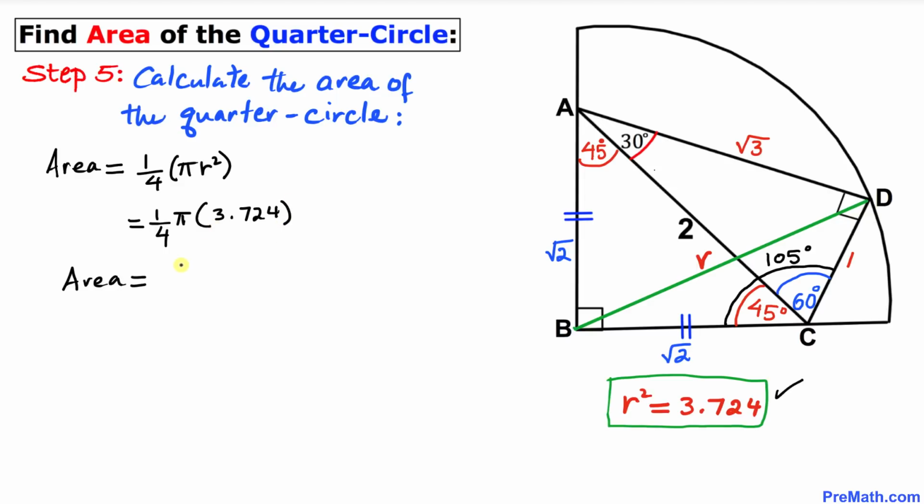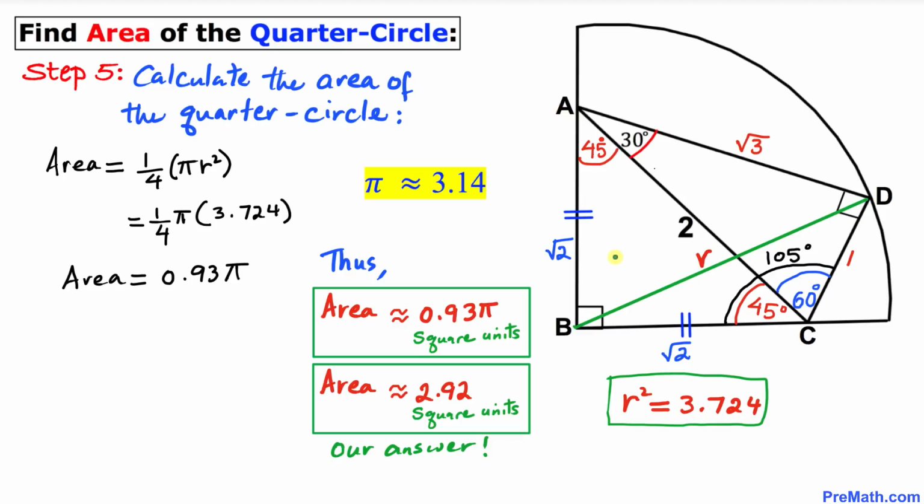If we divide and simplify, our area is going to be equal to 0.93 pi. So the area of this quarter circle turns out to be approximately 0.93 pi square units, or in terms of decimals, if we replace pi by approximately 3.14, our answer is going to be approximately 2.92 square units, and that's our final answer.